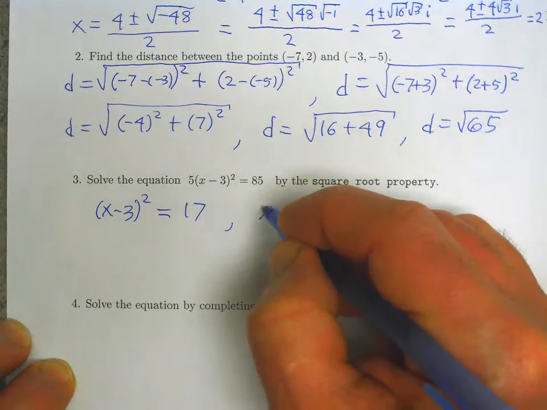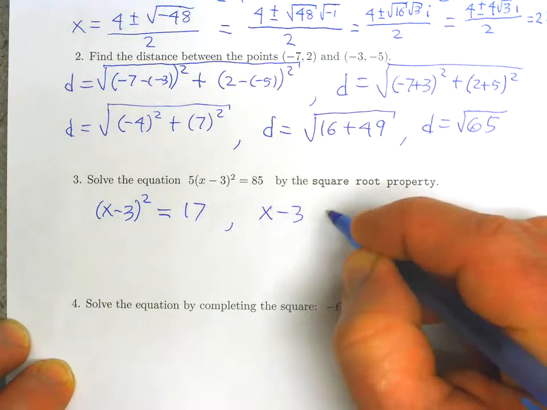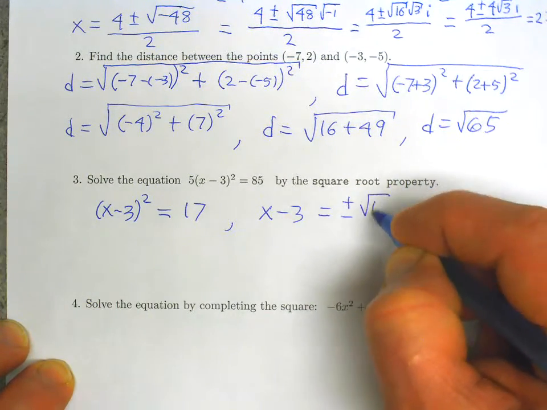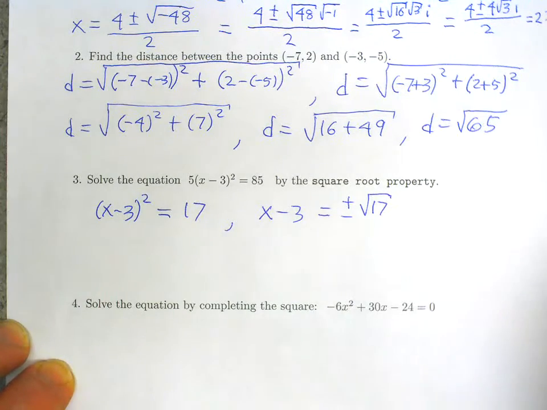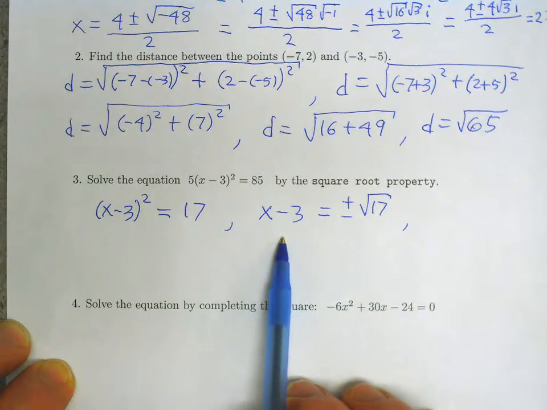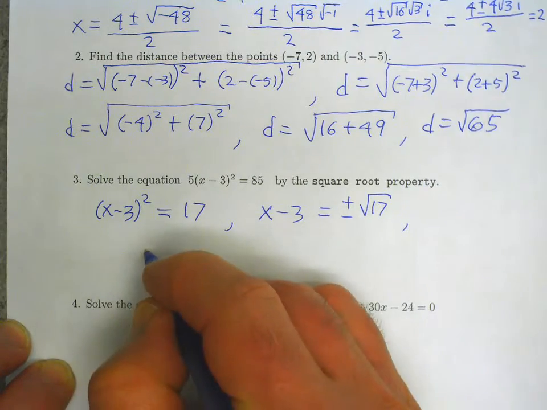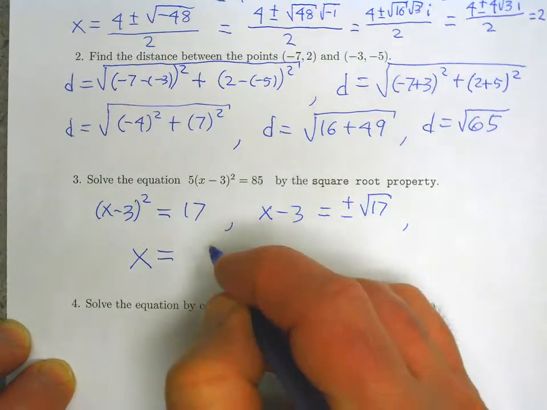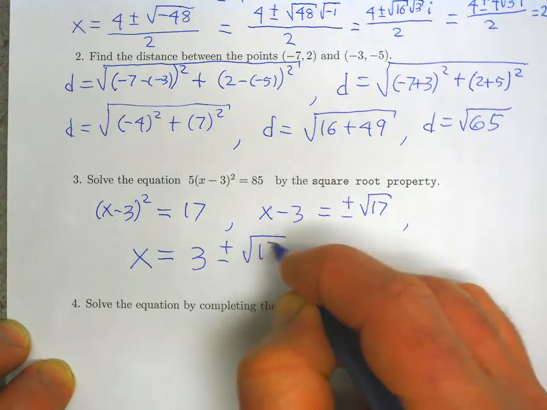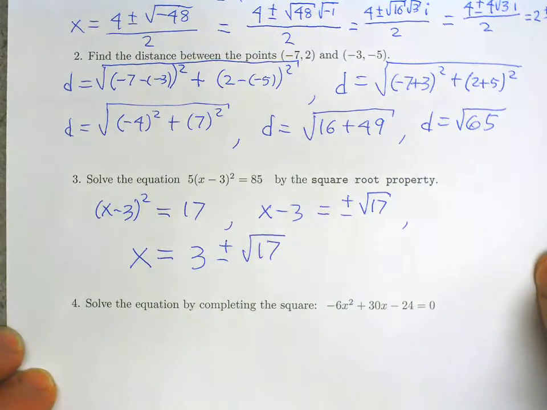On the left-hand side, we get x minus 3. On the right-hand side, we get positive and negative square root of 17. The square root of 17 cannot be simplified further, so there's just one step left. Add 3 to both sides, we get x equals 3 plus and minus the square root of 17. Those are the two solutions.